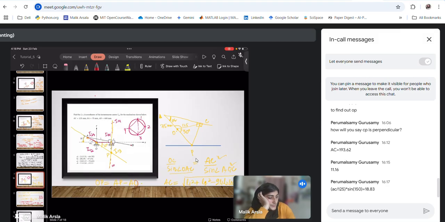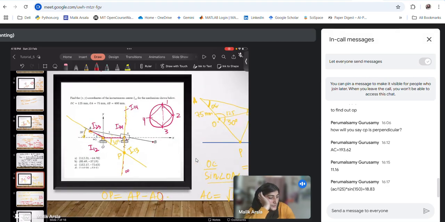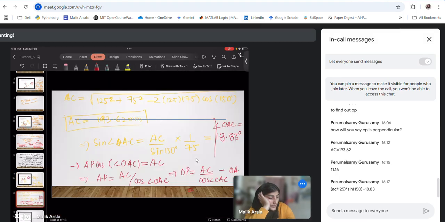Now since we need to find the coordinates, we know that once we have OP length, we can simply write OP cos 30 degree and OP sine 30 degree.